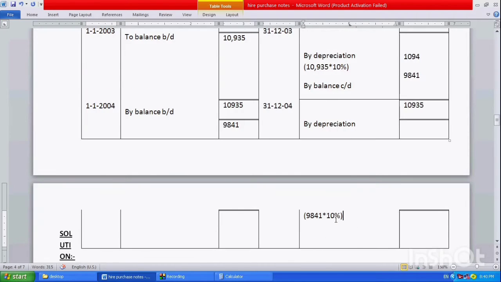So 9,841 into 10%, so 984. Depreciation is 984, you can see here. By balance carried down. Now write by balance carried down.